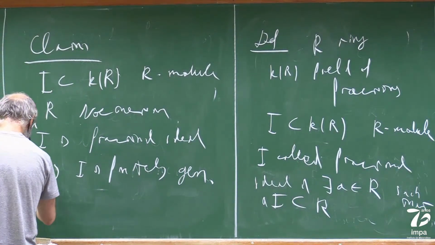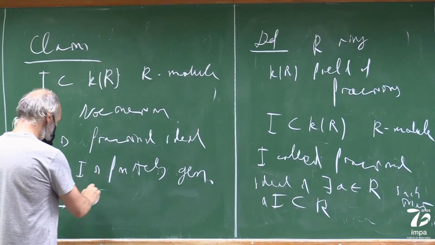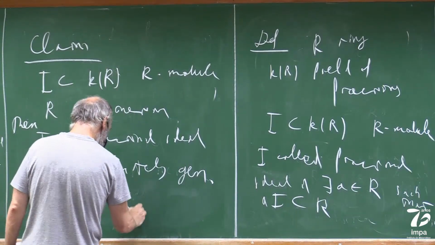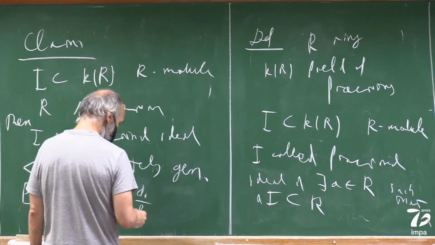So the proof is very easy. Suppose that I is finitely generated. So I is generated, as an R-module, by some set of a_i divided by b_i. These are fractions.